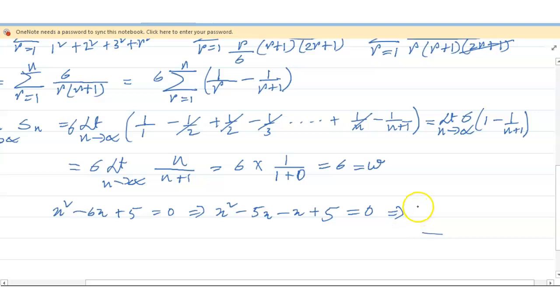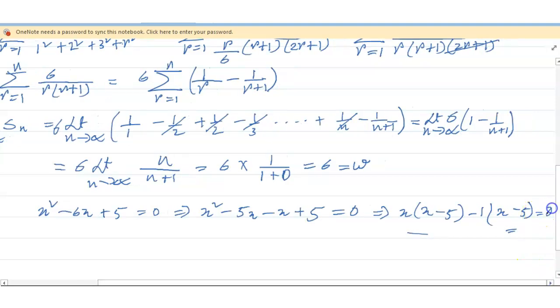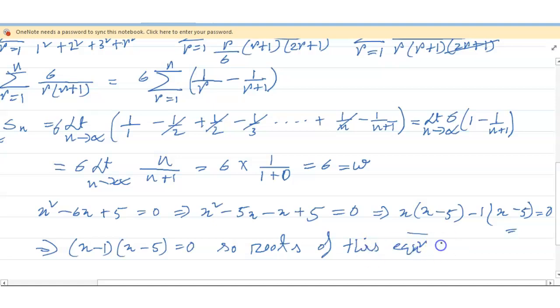So x minus 5 into x minus 1 equals 0. So that implies x minus 5 equals 0 or x minus 1 equals 0. So the roots are 5 and 1.